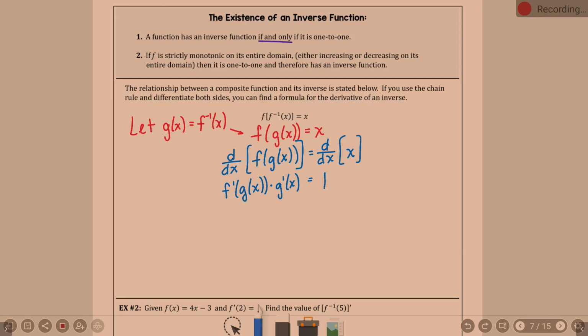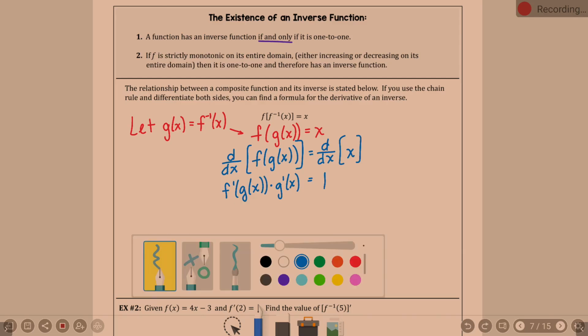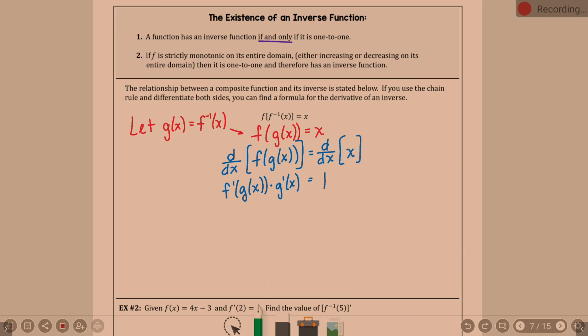Remember, our job is to find the formula for the derivative of an inverse. What am I trying to find? The derivative of f inverse. But what did we use for f inverse? G of x.